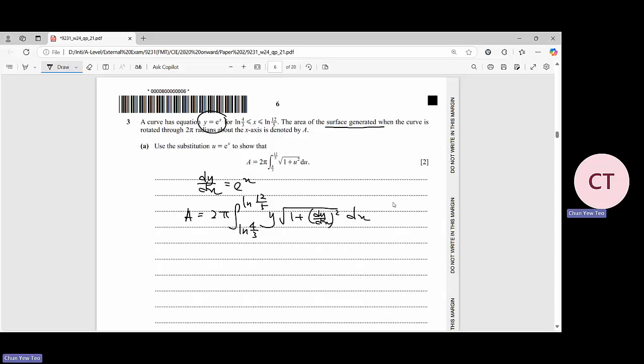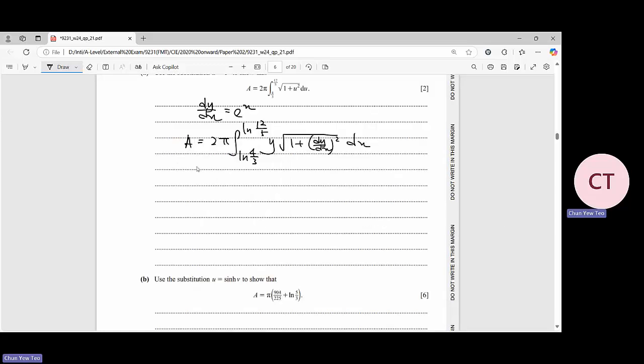This is the formula. So now we will have ln 4/3 to ln 12/5. The y is e power x, and the dy/dx squared will be e power 2x. So at first we write like this.